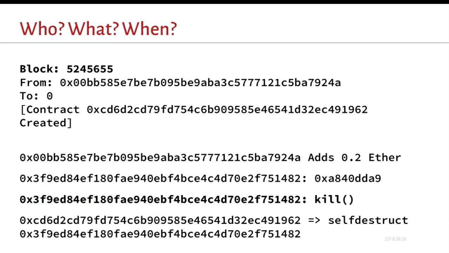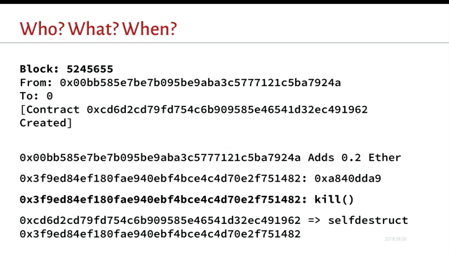So if we prettify this a little bit, there's more information to actually answering the when question. We know the block number. We know who created the contract. And this is a quick summary of all the transactions. The creator of the contract added a little bit of ether to it. So this new account sent some unknown command, and then it sent a command that we know called kill.